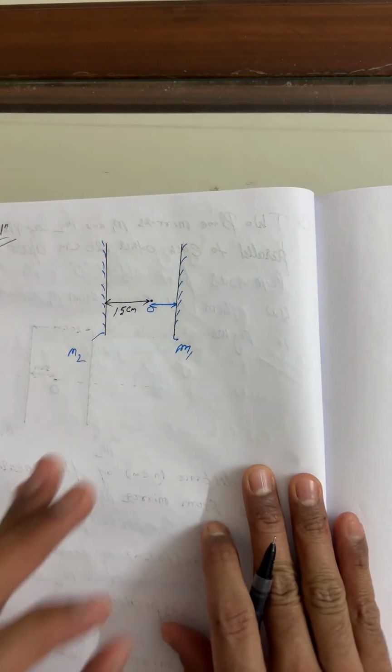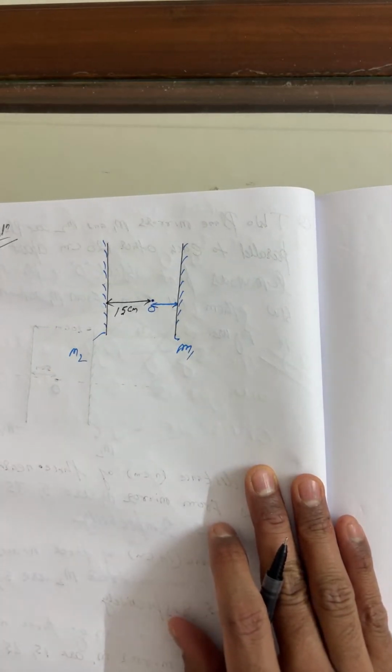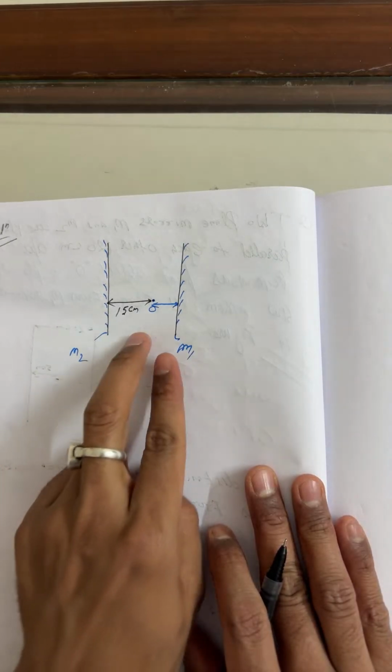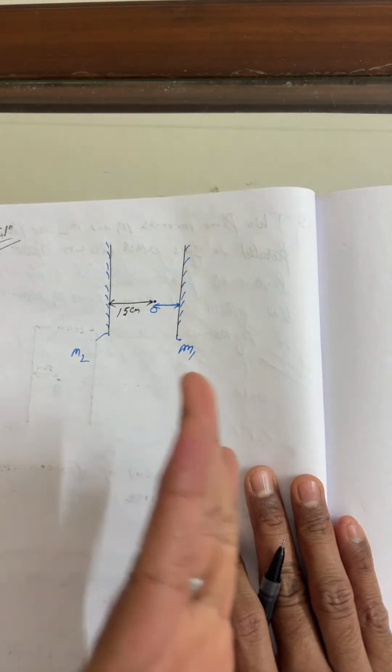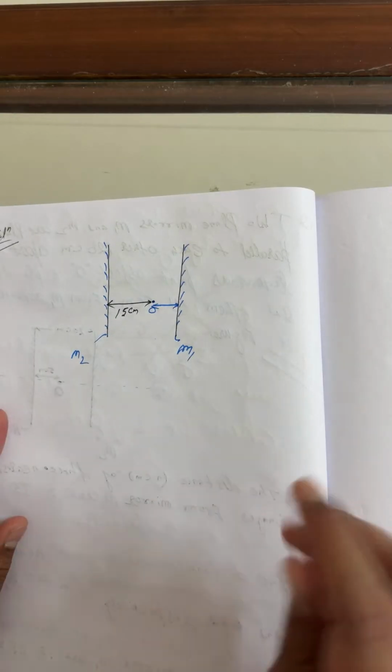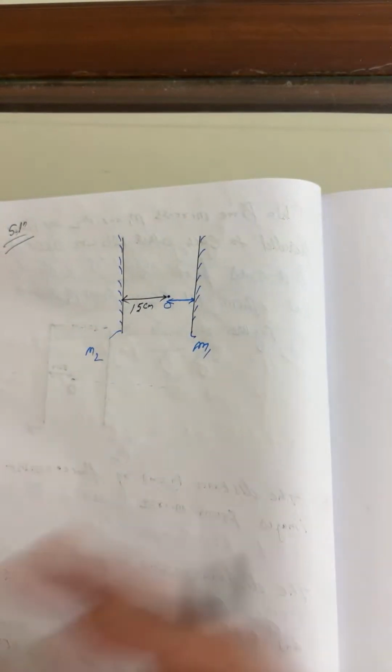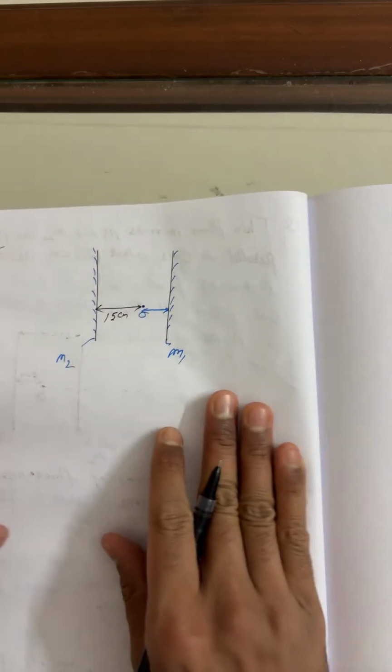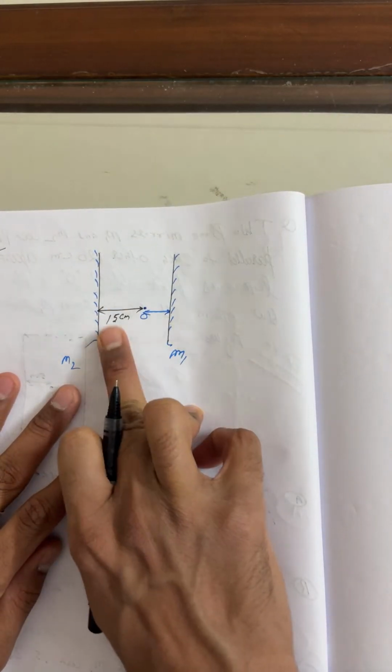I hope you remember the property of plane mirrors: the perpendicular distance of object is equal to the perpendicular distance of image. So now this is 5, this is 15.